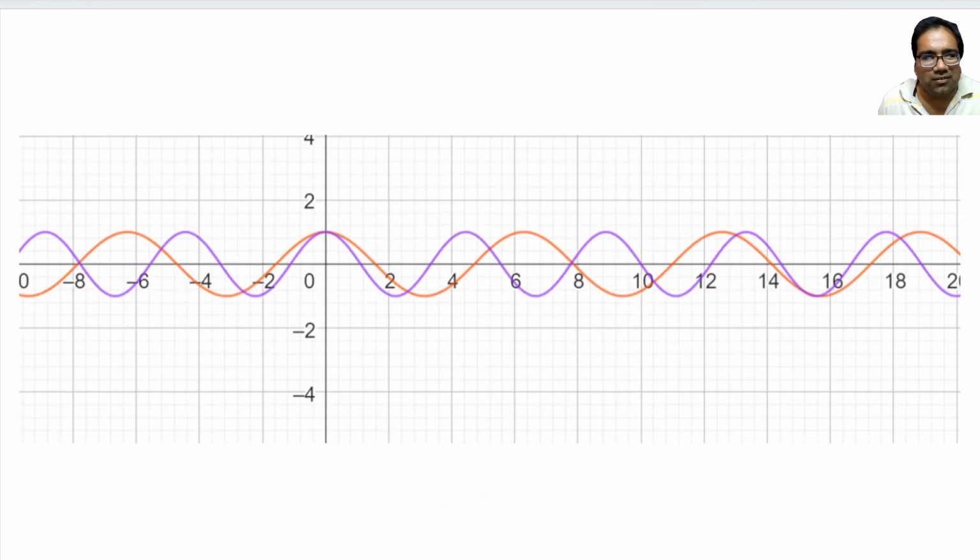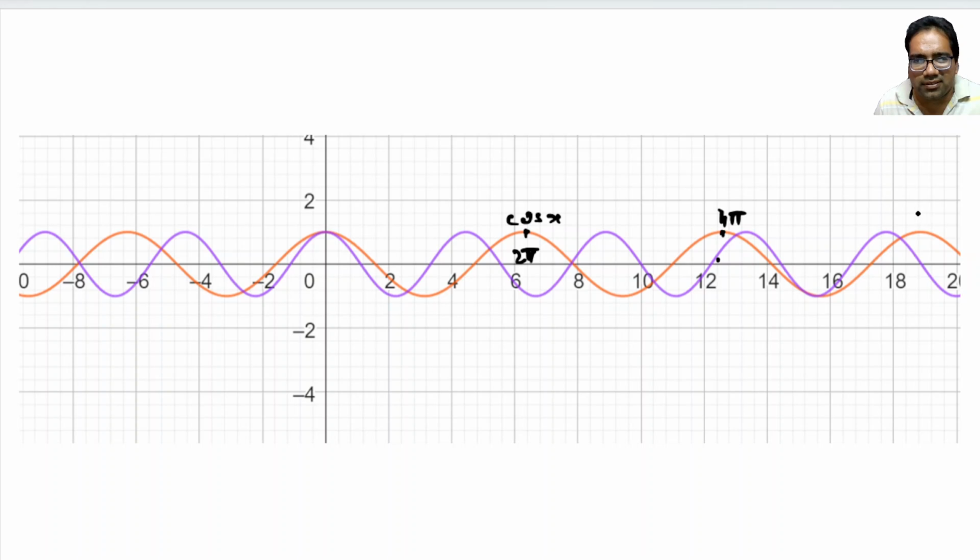For example, the graph will look like this. Okay, this orange one is cos x. Roughly 6.2, then 12.4, whatever. So 6.2 is 2π, that is 2 into 3.1. This is 2π. This is 4π.